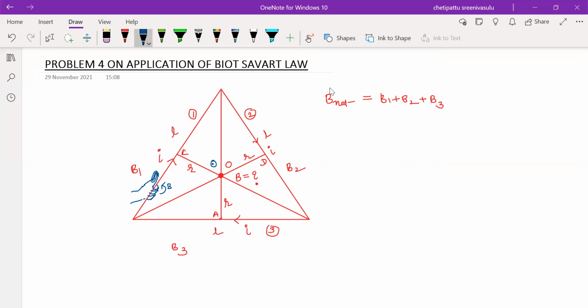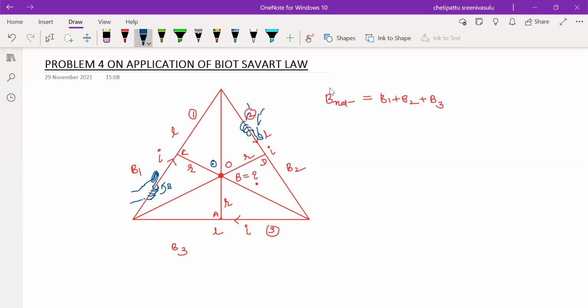Next, due to the second conductor. This is the second conductor. According to the right hand thumb rule, stretch your thumb along the direction of the current and curl your fingers.